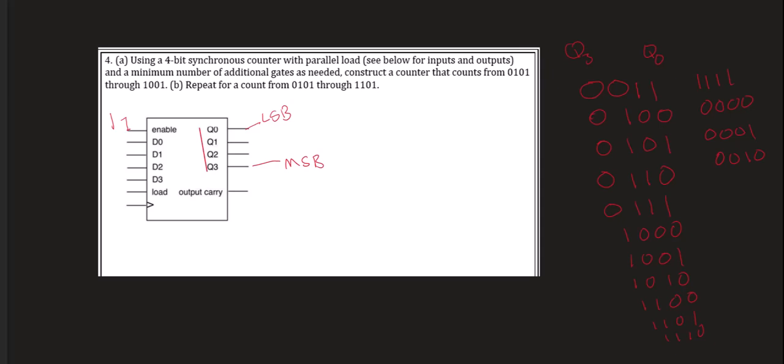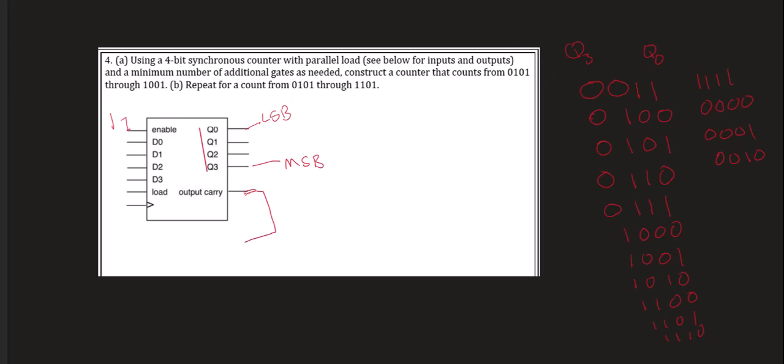So for this counter, we will put 1 on the enable because we want it to be enabled. The reason you might not put a 1 on the enable is if you're chaining these together to make a bigger than 4-bit counter. What you would have on the enable would be the output carry of the one before.